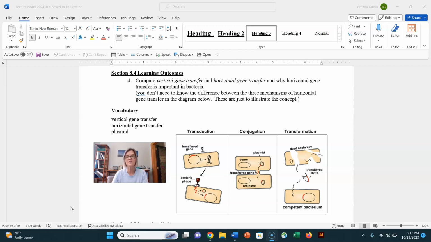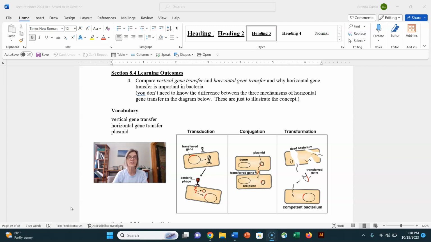When any organism reproduces, what they're passing on to their offspring are some of their genes. And so we get genes from our parents, and bacteria get genes from their parents in order to make the next generation. So DNA is copied, it's passed to the next generation, and we call that vertical gene transfer. It's transferred down the line of inheritance.